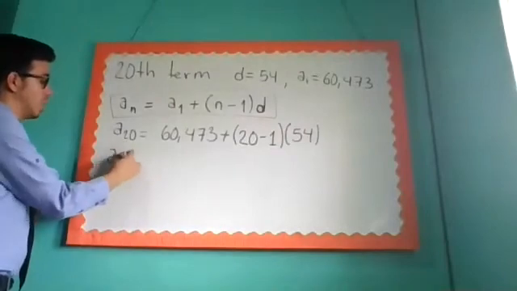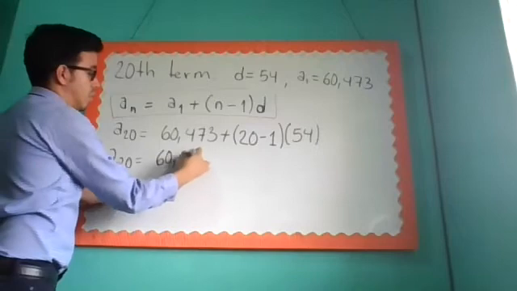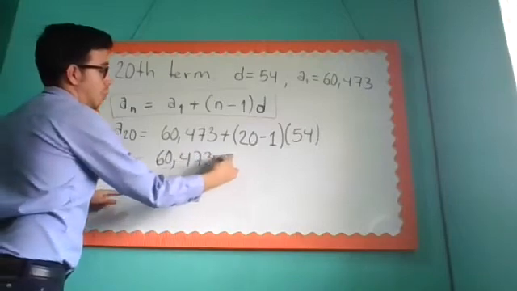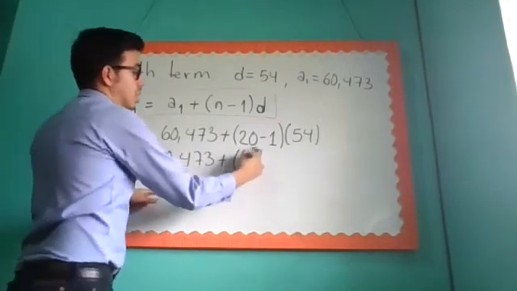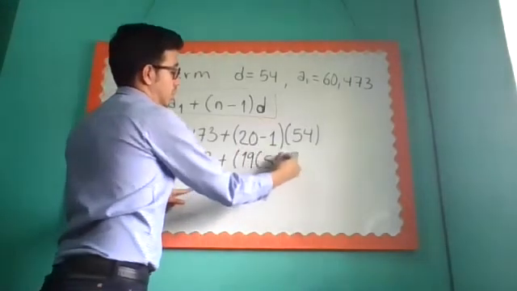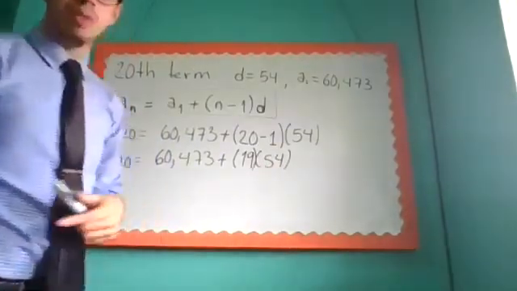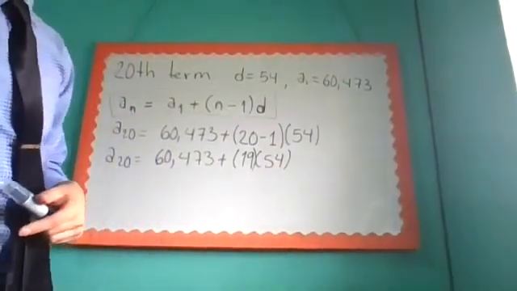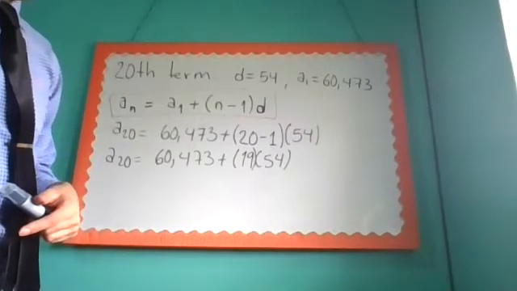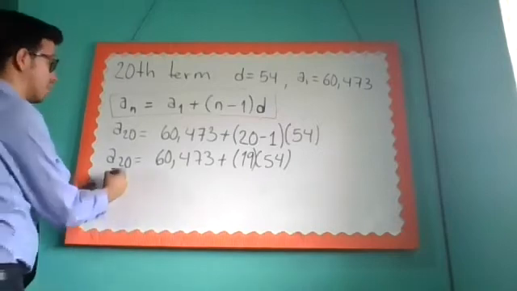So A sub 20 is equal to 60,473 plus 19 times 54. And how much is 19 times 54? 19 times 54 is equal to 1026.